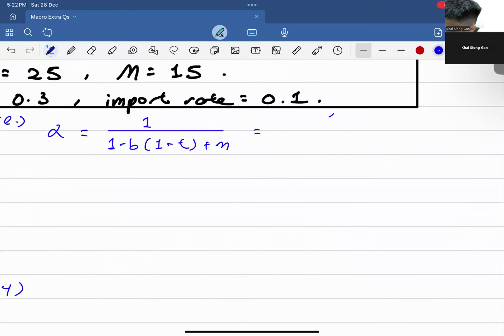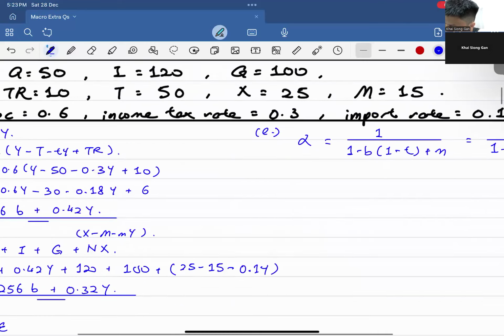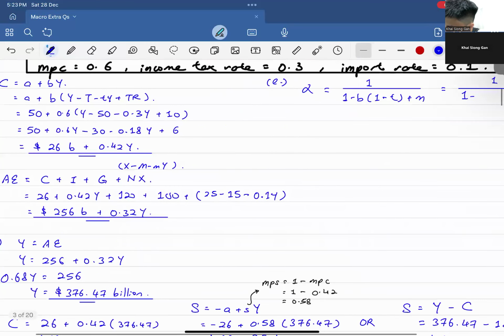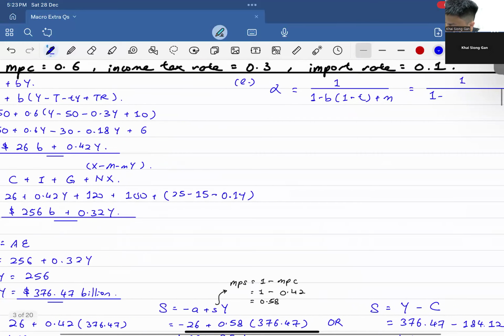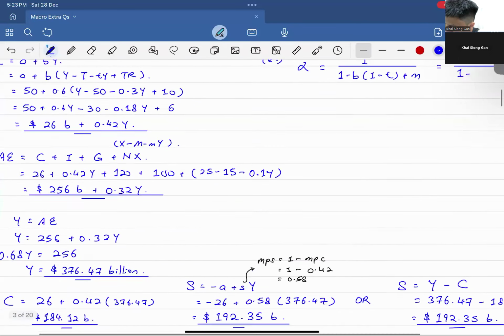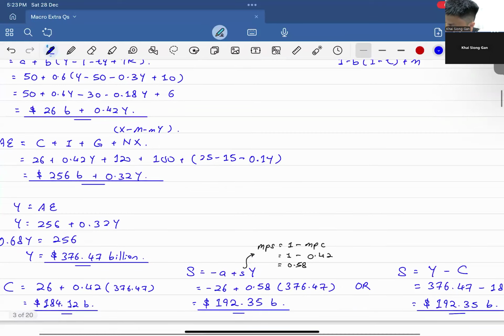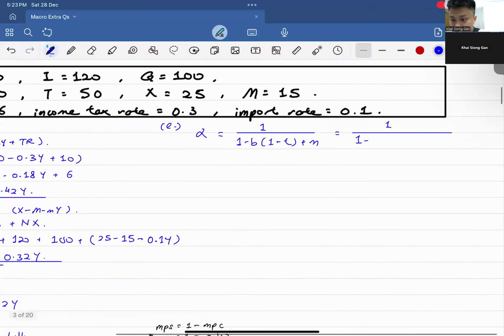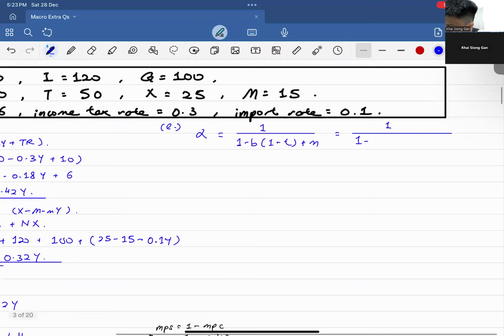So 1 divided by 1 minus B, where B is 0.6. So 1 minus 0.6, times the bracket 1 minus 0.3 plus 0.1.